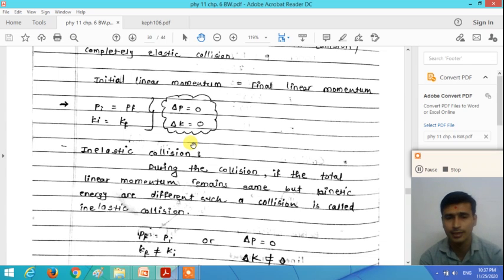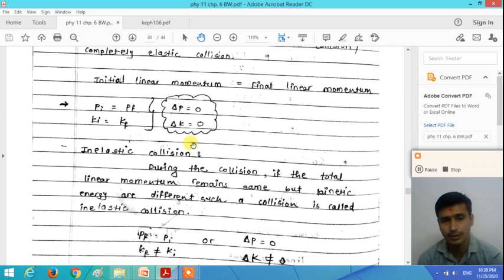The kinetic energy is reduced, or in some collisions the kinetic energy is converted into heat energy. So some amount of the kinetic energy is lost during the collision, and such a type of collision is known as the inelastic collision.